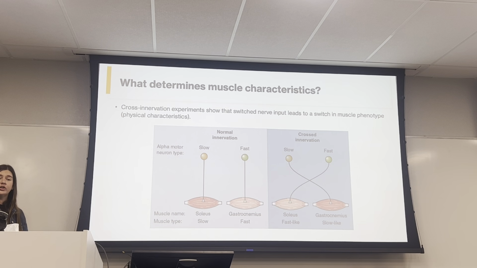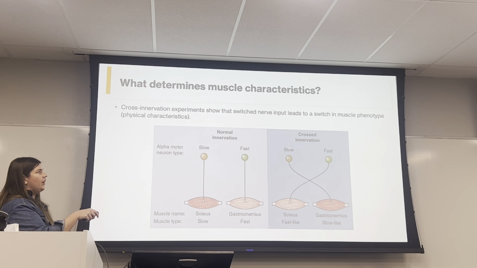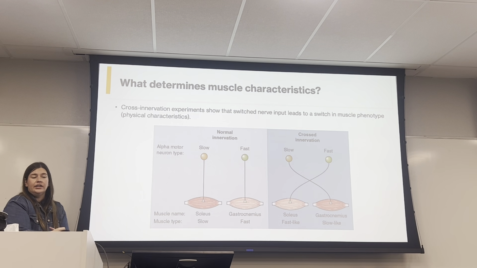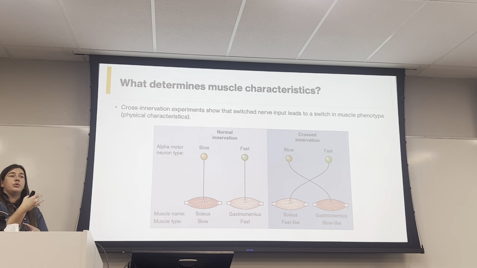And they actually were able to show that changing the innervation of these muscles reversed the phenotype in the muscle. So when we all of a sudden gave the fast muscle fibers the slow paced action potentials, the actual physical characteristics of that muscle changed to a slow-like phenotype.